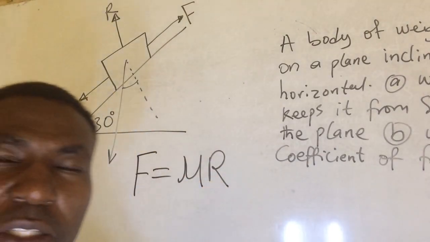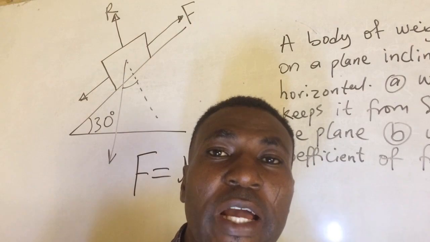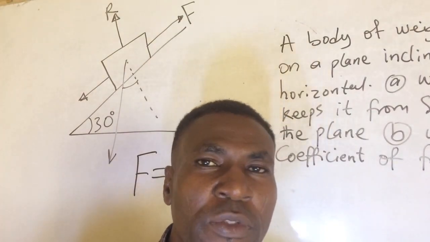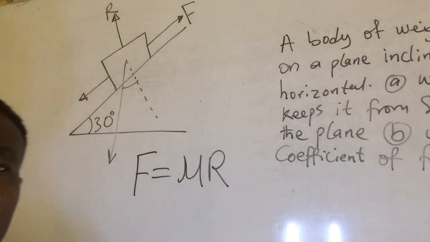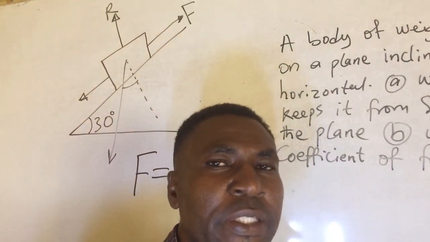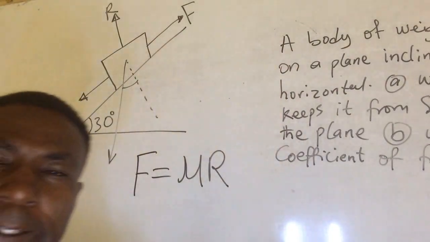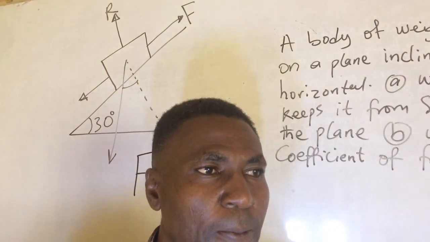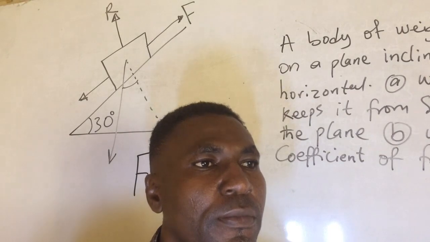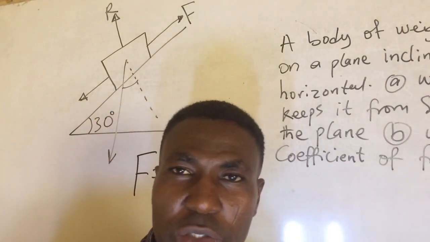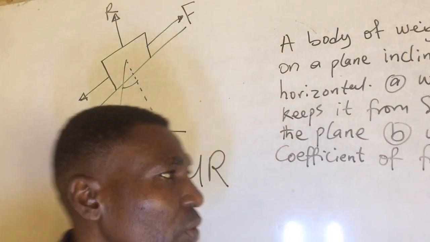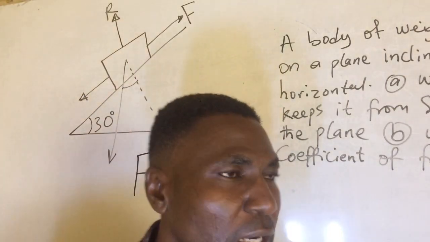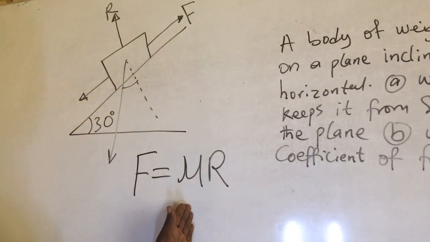R represents normal reaction, because every action has an equal and opposite reaction. Then mu is a constant, called the coefficient of friction. In a horizontal plane, we make use of this formula to calculate friction or any one of these quantities.